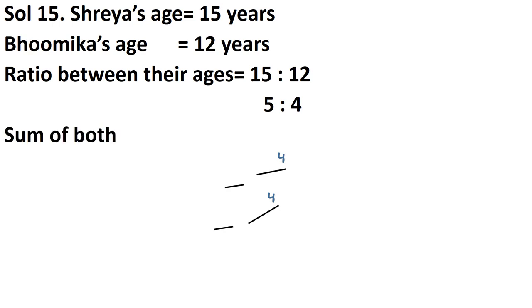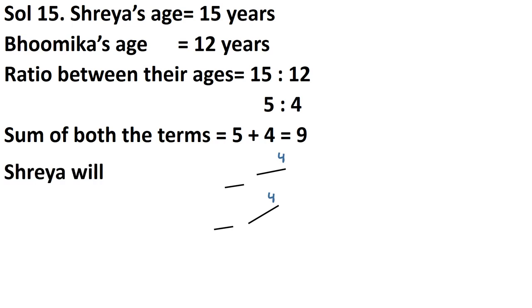Now the sum of both the terms is 5 plus 4, which is equal to 9. That means if we have a total of 9, then 5 we will give to Shreya and 4 to Bhumika. But now the total we have is 36.